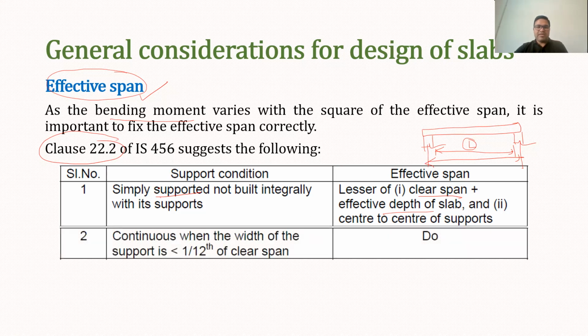Similarly, if we have the second case, the continuous slab where the width of support is less than 1/12 of the clear span.